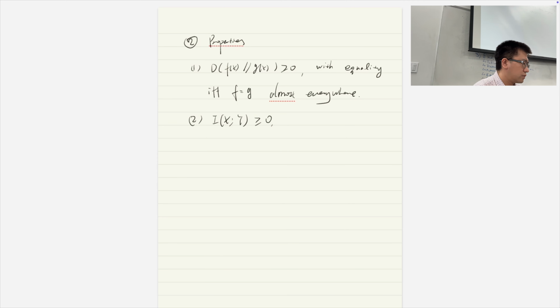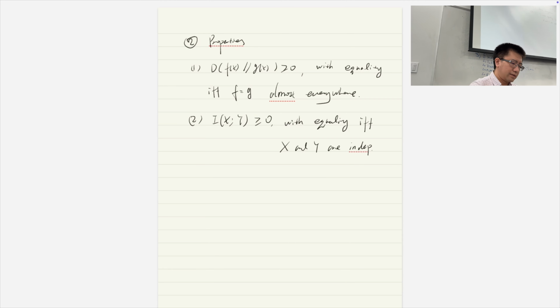Again, with equality if and only if what? Do you remember? Mutual information is exactly 0 when x and y are independent.